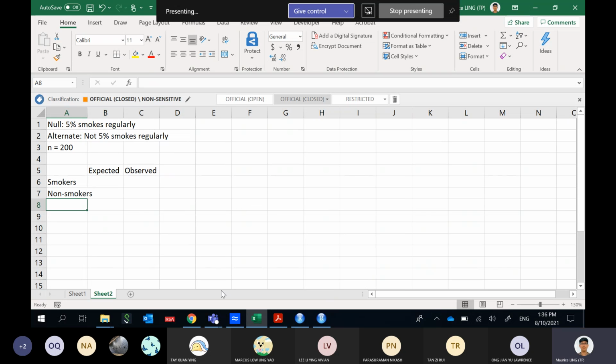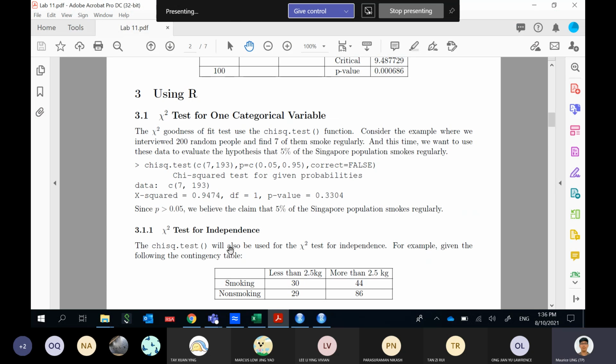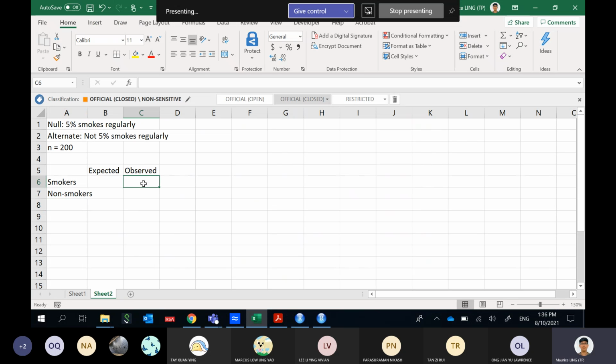And the data that I get is 7 of them smoke regularly. So I put that in. Observed, I have 7 smokers. So how many non-smokers are there? How many at least don't smoke regularly? 193, correct. Total is 200.